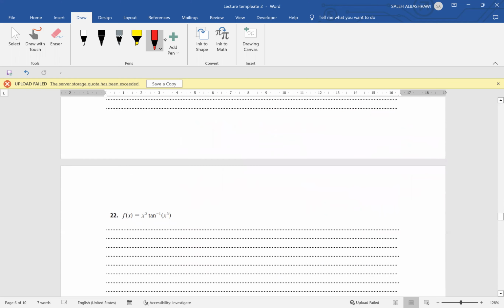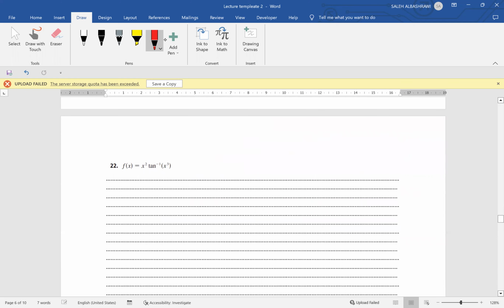One more example. If I have f of x equal to x squared multiplied by tan inverse of x to the power 3. So this function, which is x to the power 2 multiplied by tan inverse, you know that tan inverse is the integration of 1 over 1 plus x to the power 6, or x to the power 3 all to the power 2.